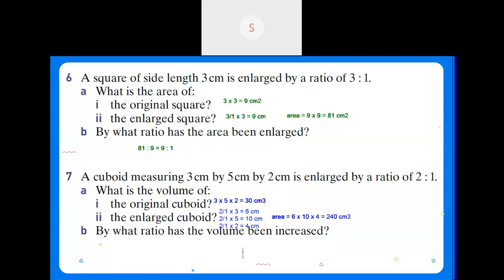So now we need to find what is the ratio the volume has increased by. 2 to 1? No, not 2 to 1. 8 to 1, teacher. Yeah, 8 to 1, because this is 240 to 30. We can simplify it to 8 to 1. Is there anyone who is confused?